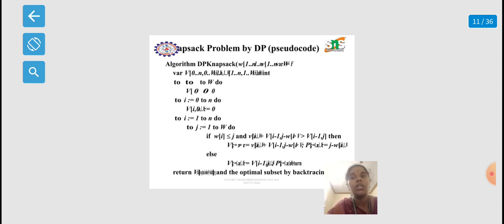Now the algorithm for the knapsack problem, dynamic programming in the knapsack problem. The inputs are the weights w of 1 to n, the values v of 1 to n, and the capacity w. The variables are v of 0 to n comma 0 to w, and p of 1 to n comma 1 to w, integers.